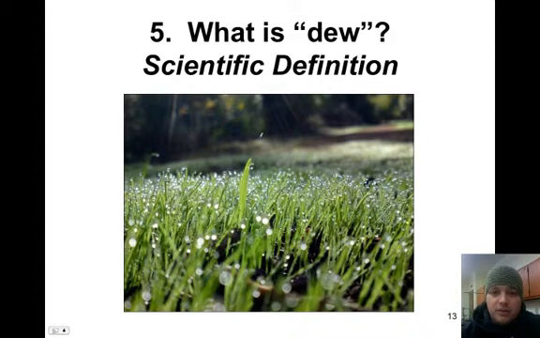The air above the grass is very close to the temperature of the ground. And when they get within 5 degrees or less, the temperature reaches its dew point, and that's why you get these small particles of moisture, better known as dew, forming on the grass.